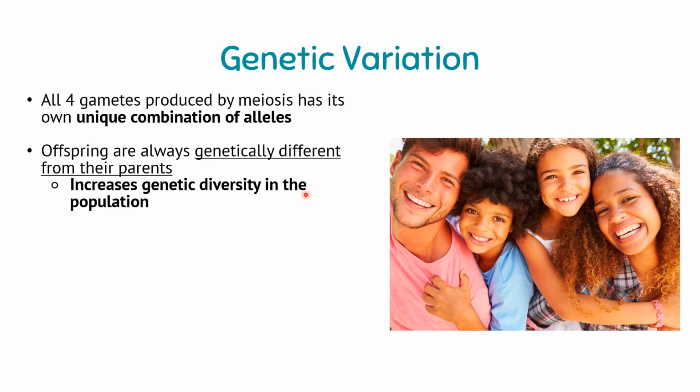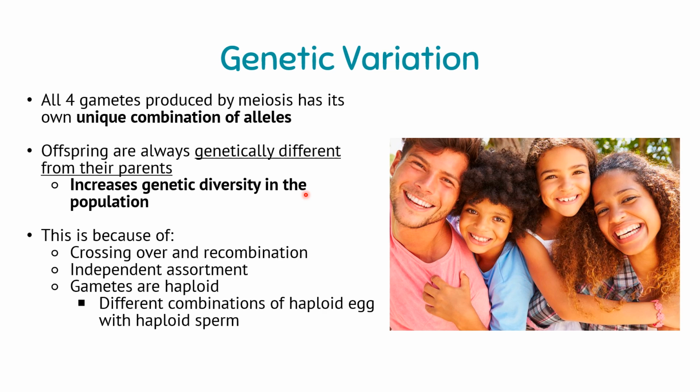You might have some features that are similar because you both have the same parents, but for the most part, you look pretty different. And this is because of crossing over, recombination, independent assortment, and gametes being haploid. So the different combinations of the haploid egg with the haploid sperm, which I think is pretty cool, makes humans and other animals very genetically diverse.